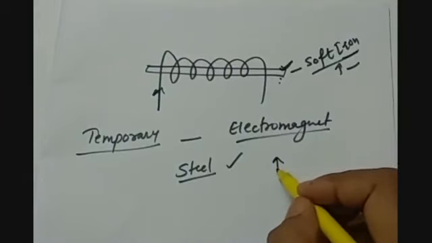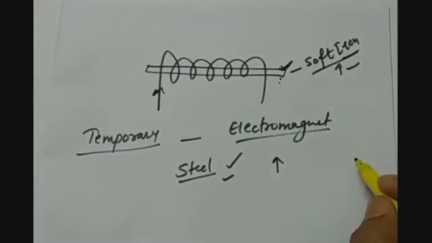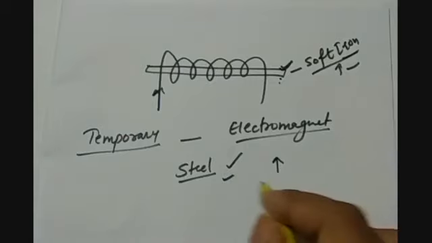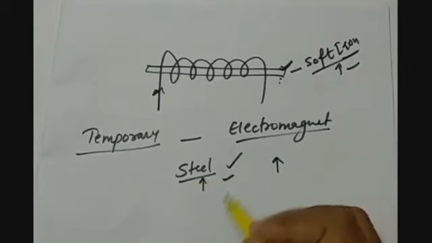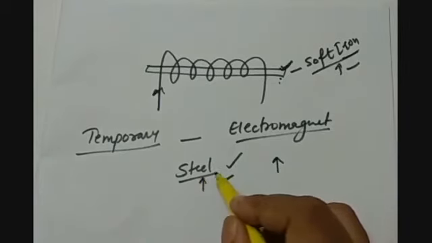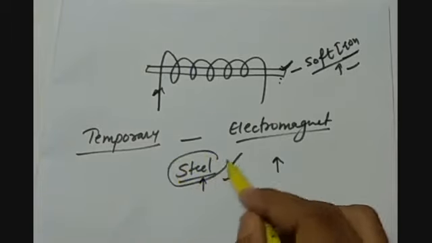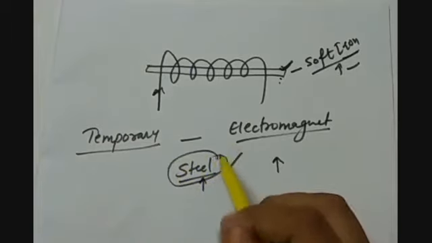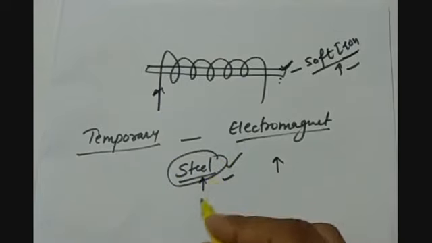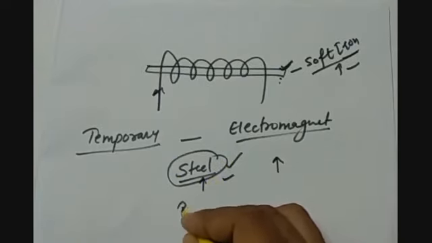Then if we stop the current flowing in the circuit, it is hard to demagnetize the steel, and therefore it behaves as a magnet even after the removal of the current from the circuit. So these kinds of magnets are called permanent magnets.